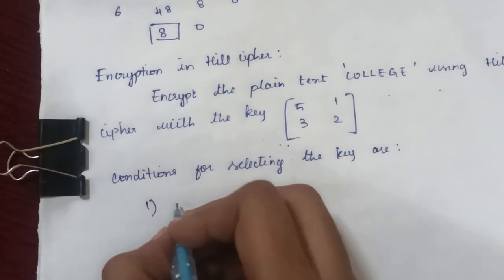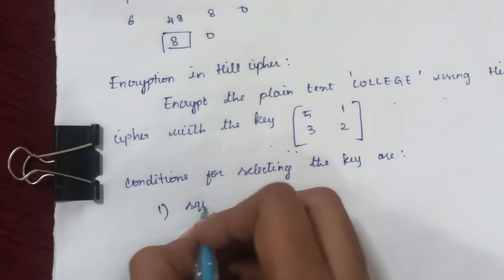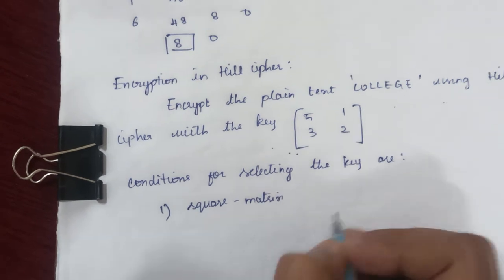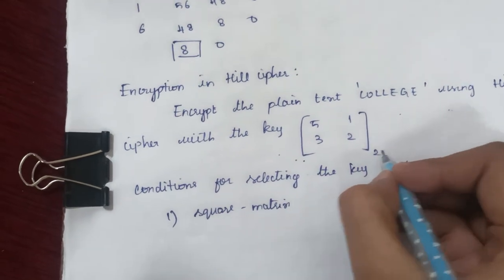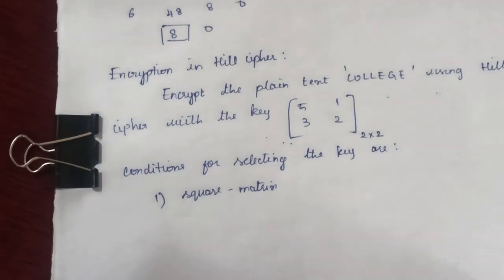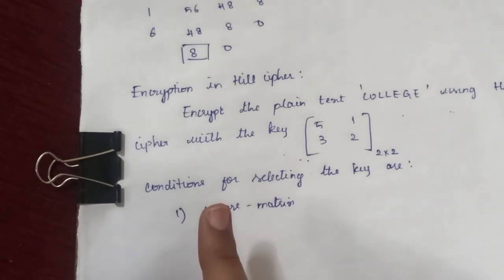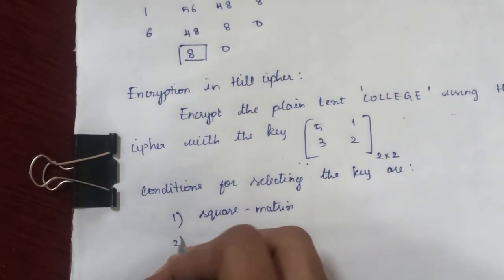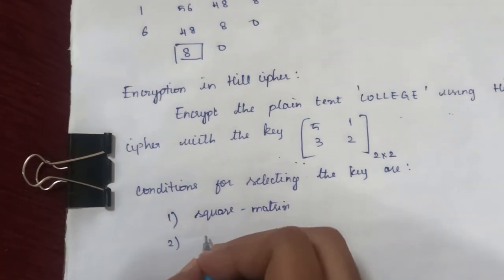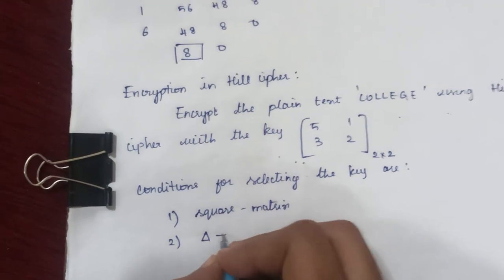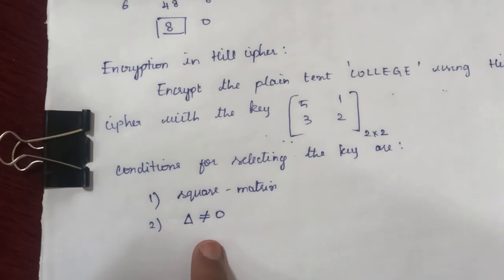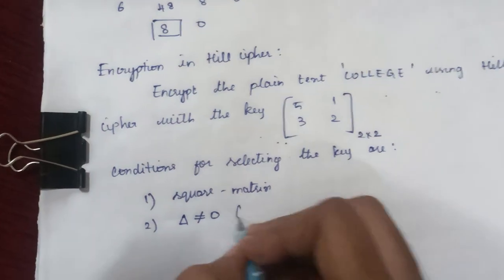The first one is the key should be a square matrix, which means in this case I have chosen a 2 cross 2 square matrix. So the key matrix should be a square matrix for sure. The second one is the determinant should not be 0, which means it should be non-singular.